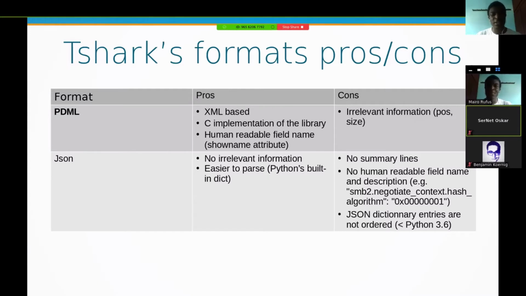The standard library of Python has a C implementation of a library for parsing XML, which is very good because it's fast. And the fields of the pdml are human readable with the show name attribute. Every field in the SMB has the attribute show name, which is human readable.